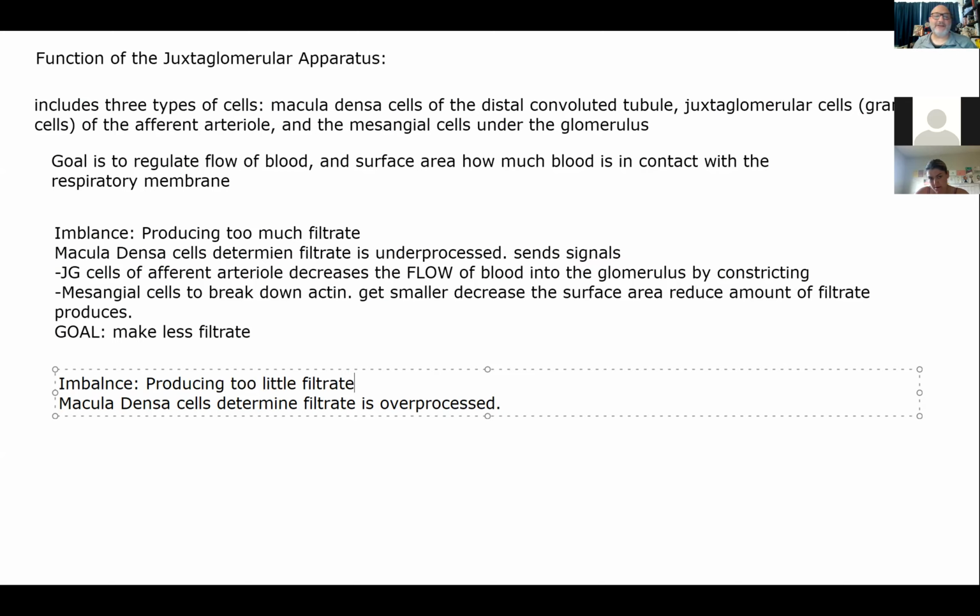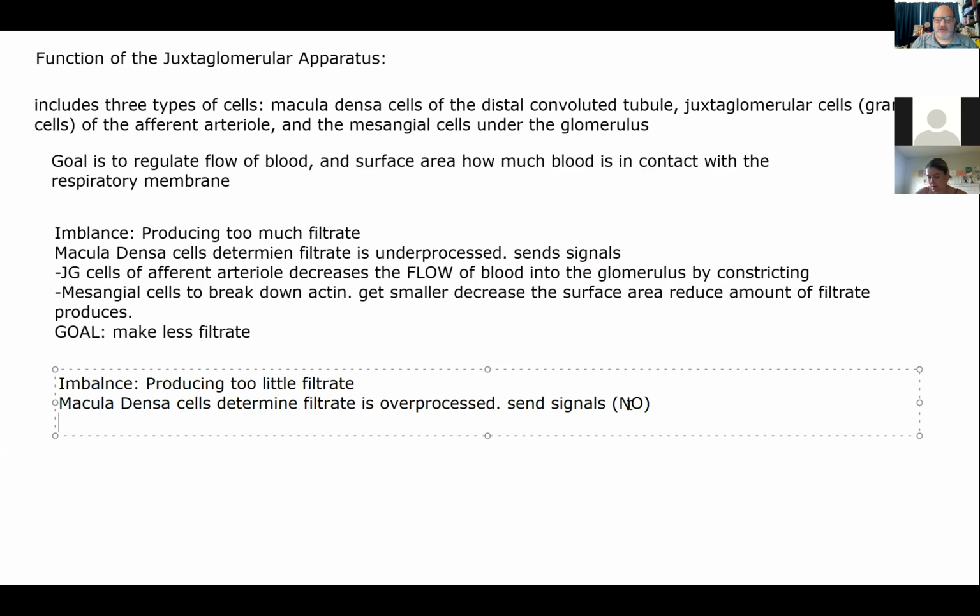We're producing too little filtrate. So again, it is going to send signals. And we didn't mention it in the last one, but we'll mention it here. What is the signal that it sends, especially to the juxtaglomerular cells? Anybody remember? How do we get that blood vessel to dilate or constrict? What gas was released? Nitric oxide. Yeah, that nitric oxide. Excellent.